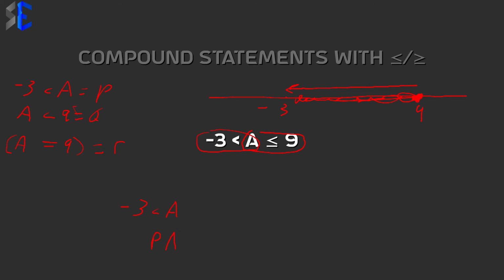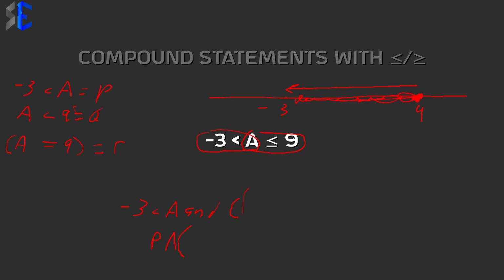So then what we do is we put a parentheses, because now we have a is less than or equal to 9 to dissect. There's two possibilities: a is either less than 9 or it is equal to 9. So let's put these as your two possibilities. You know that if a is equal to 9, a cannot be less than 9, so you're going to use an or here.